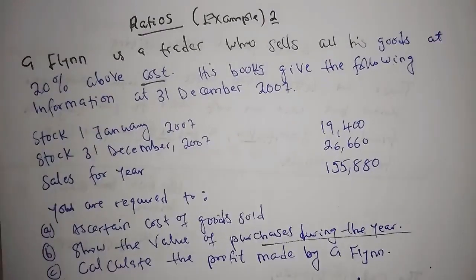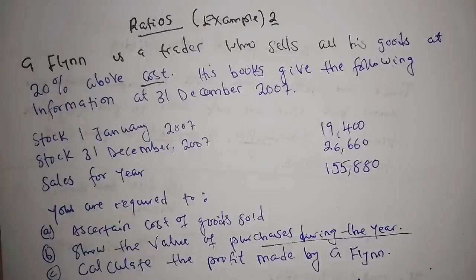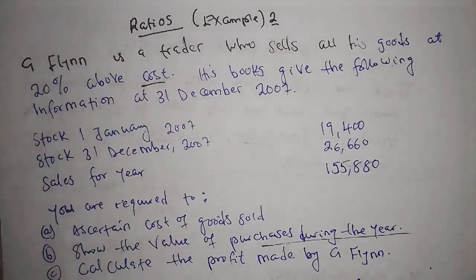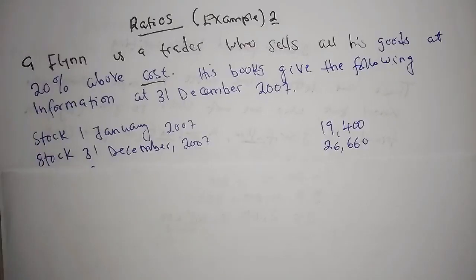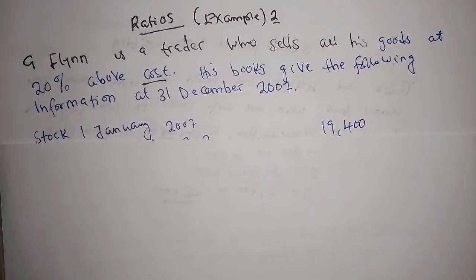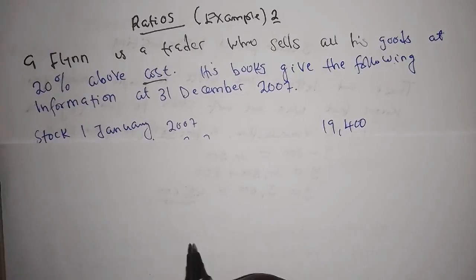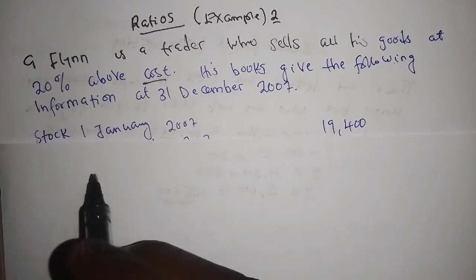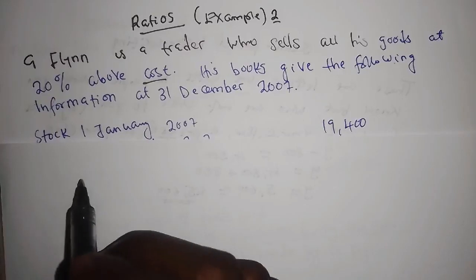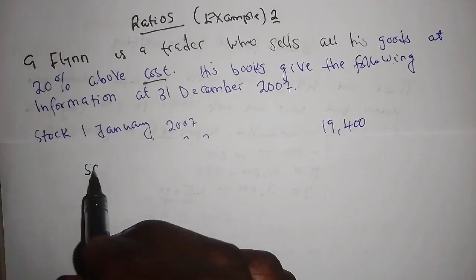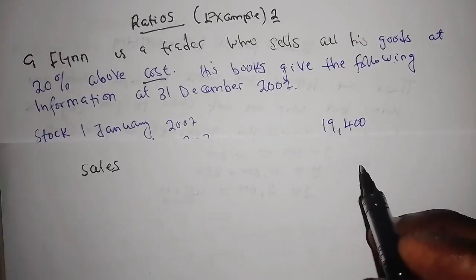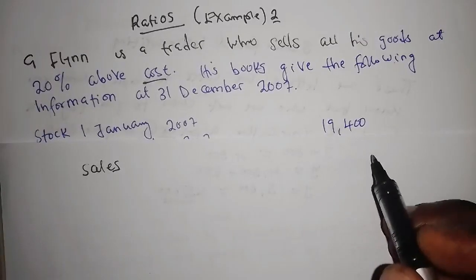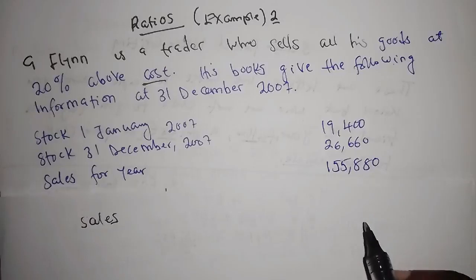The most important thing to understand is first of all to come up with a simple financial statement, and this is just a trading account. You say sales, and the value of sales we put at the far end.